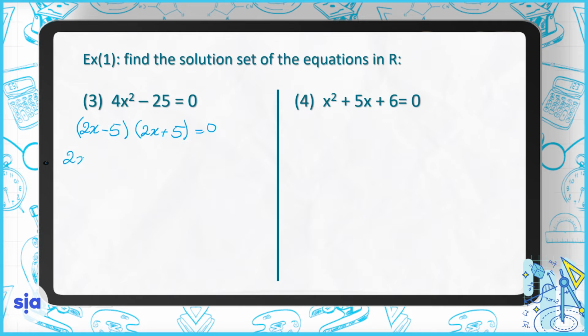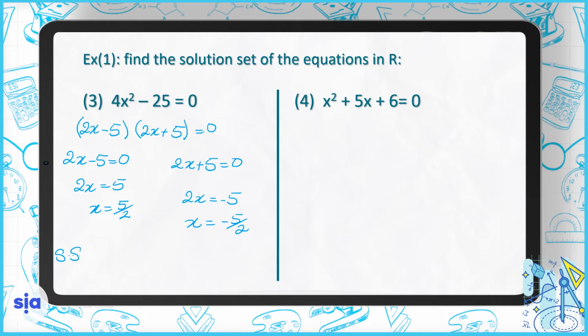We make each bracket separately equal 0, and we find the value of x. 2x equals 5, then x equals 5 over 2, and here 2x equals negative 5, and x equals negative 5 over 2. So the solution set is 5 over 2 and negative 5 over 2. In other words, it can be said as the solution set is positive or negative 5 over 2.